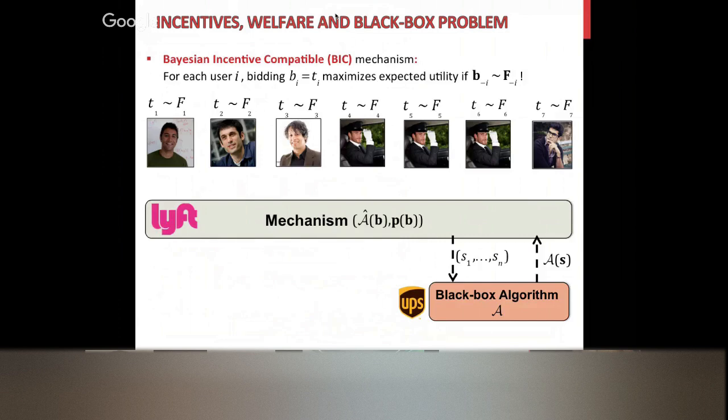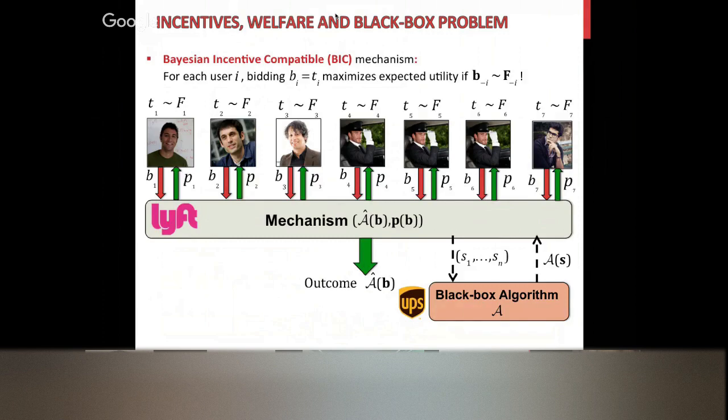And I assume that my mechanism has access to this allocation algorithm, and can send as many queries as it wants to this allocation. Now players submit their bids, the mechanism interacts with the black box allocation algorithm, picks an outcome and charges each person some money. And the promise it has is the following kind of incentive compatibility, which is called BIC, or Bayesian incentive compatibility, which is the case that no player is better off by misreporting if you assume that the other people are truthful and their reports are coming from their type distribution.